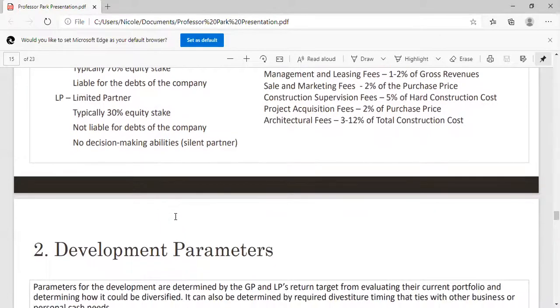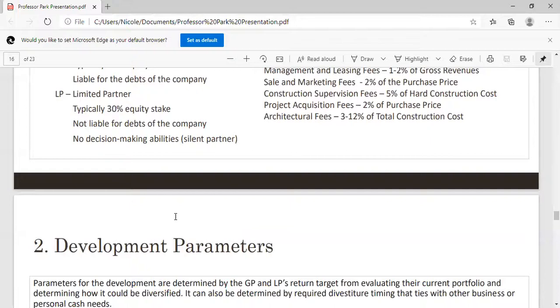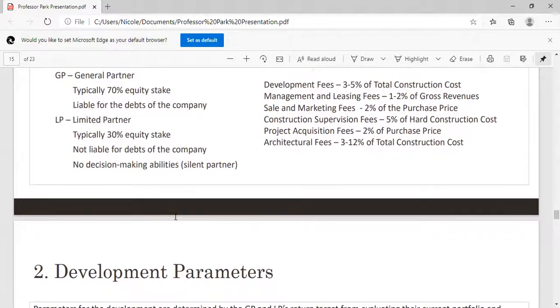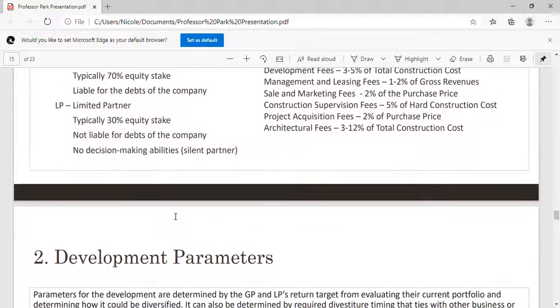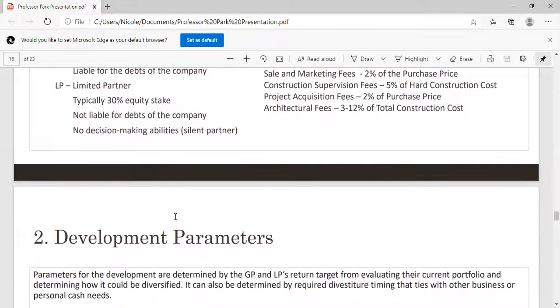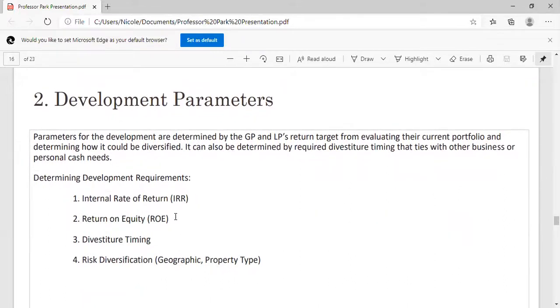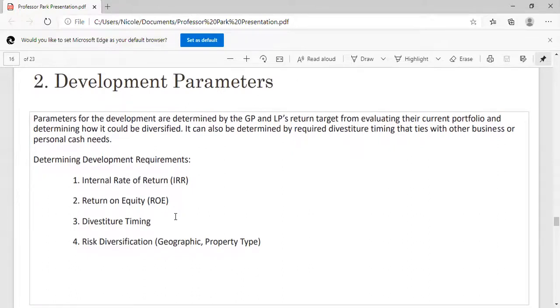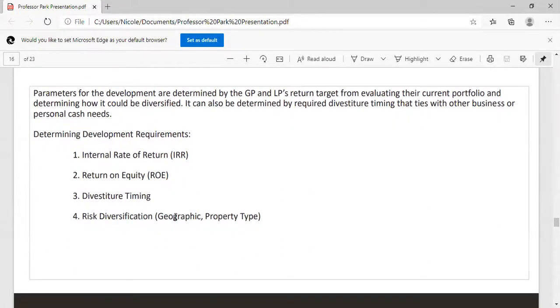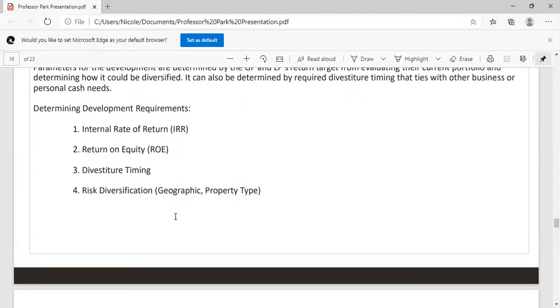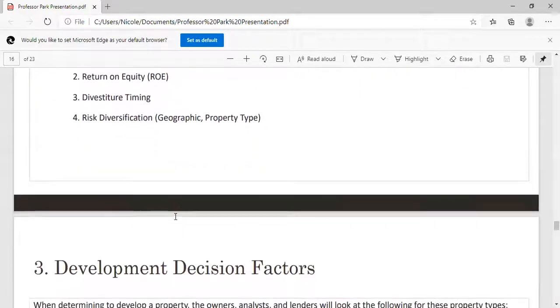Also construction supervision fees, project acquisition fees, and architectural fees, which can vary a lot depending on the complexity of the project. So again, there are development parameters that investors will look at, and they look at the same things typically: internal rate of return, return on equity, the timing of that investor, risk diversification.